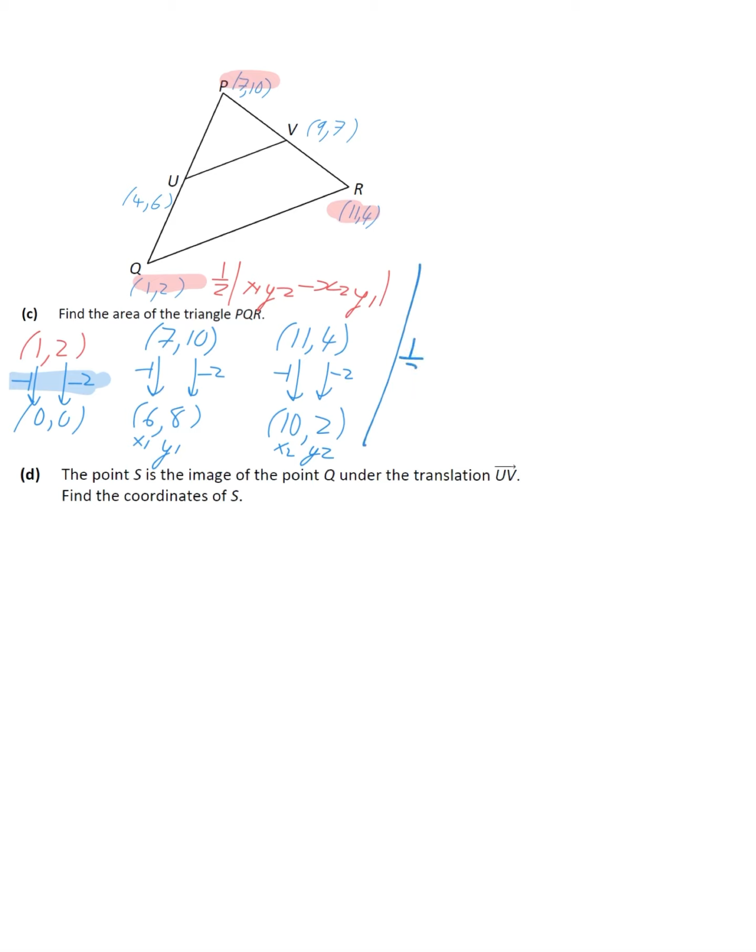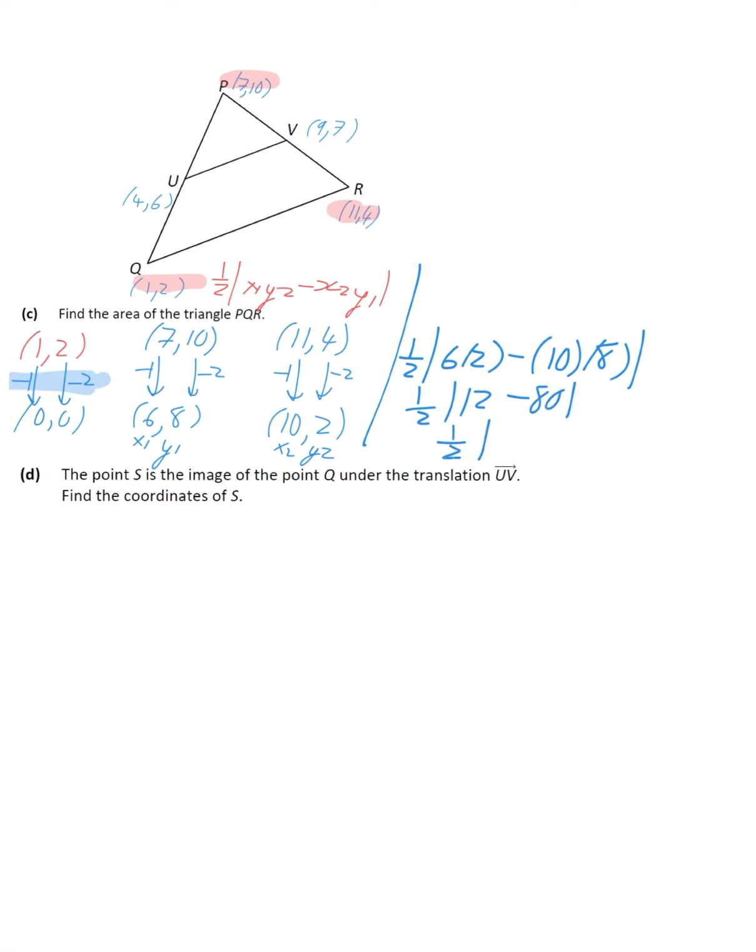So we have a half, then x1, so I'm going to have 6 times y2, so times 2, minus then x2, which is 10, times y1, which is 8. So I have a half now, so that would be 12 minus 80.